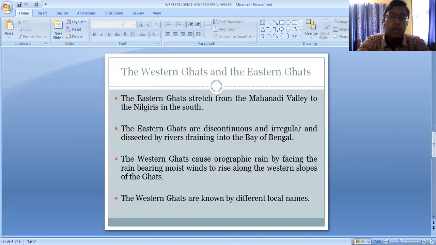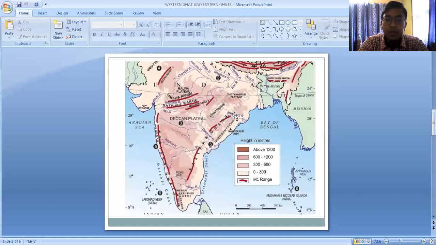On the other hand, the Eastern Ghats stretch from the Mahanadi Valley to the Nilgiris in the south. This is the Mahanadi River, just beside Chhattisgarh.